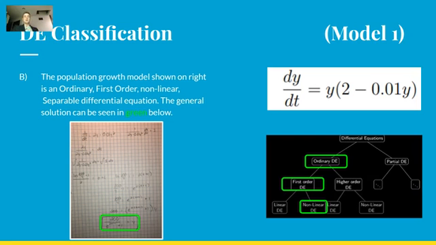And then we will take the integral with respect to y on the left and the integral with respect to t on the right, which will give us the general solution of y equals 200 over e to the negative 2t minus c, plus 1. This is our general solution, and depending on the initial condition, we can find the value for c.